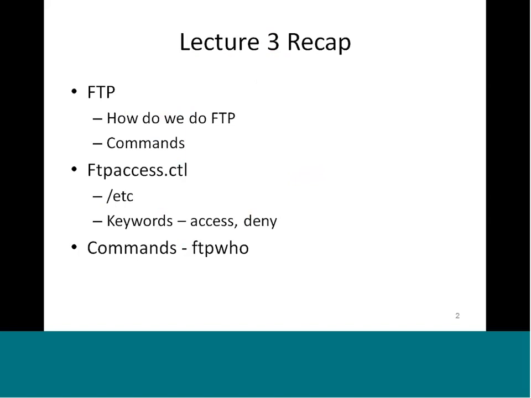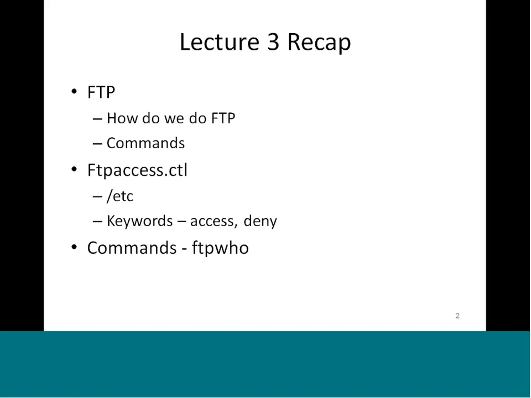There are various commands that we used to transfer files back and forth. You can transfer files to the FTP server, and also get files onto your system. There are various modes by which you can transfer. All those things we learned. And then we also learned something unique, which is how to set up an FTP site on your machine.